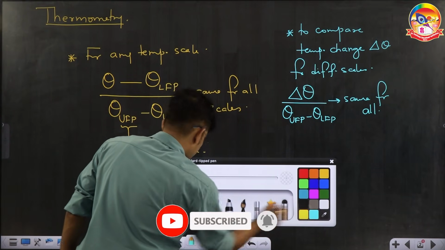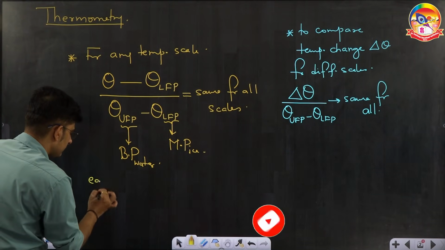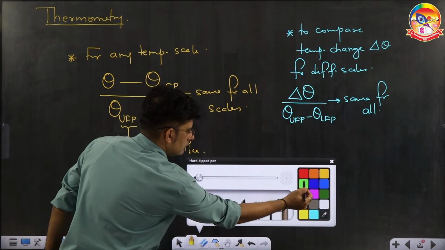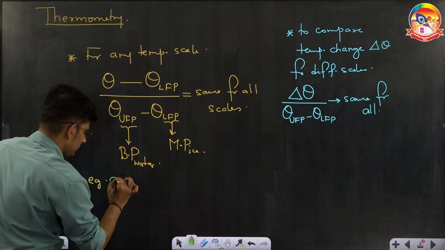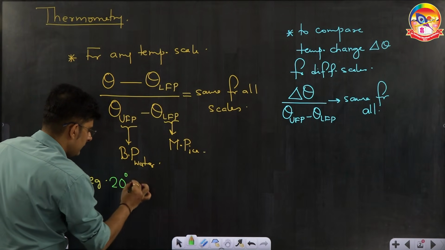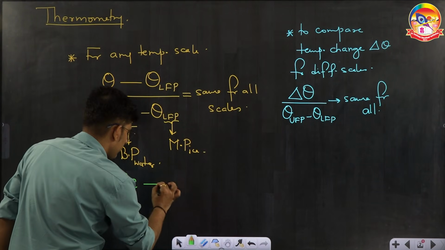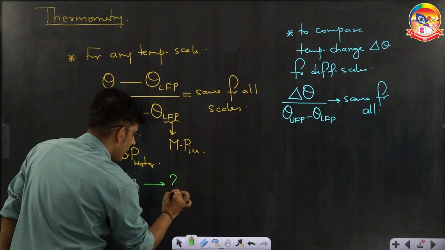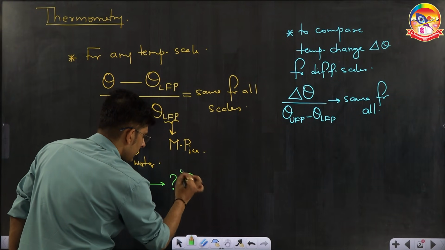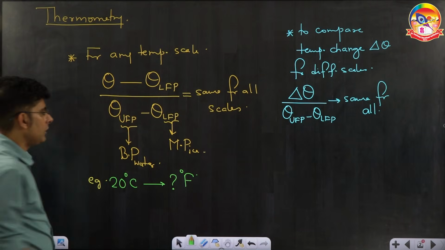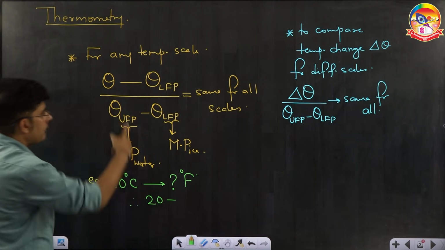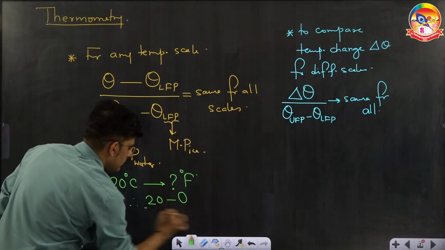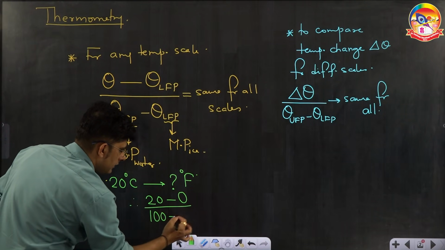going to use this. Example, if they say 20 degrees Celsius will be equal to how much in Fahrenheit. So what we will do, just use this: theta is 20, lower fixed point for Celsius is 0, upper fixed point is 100, lower is 0.